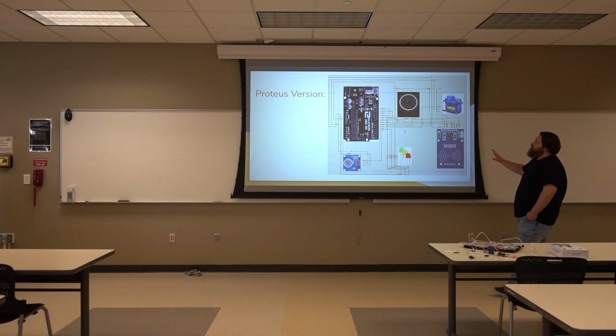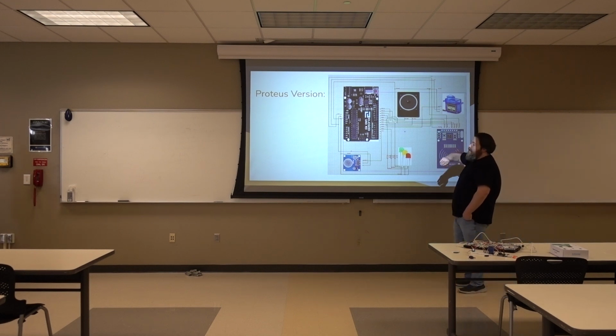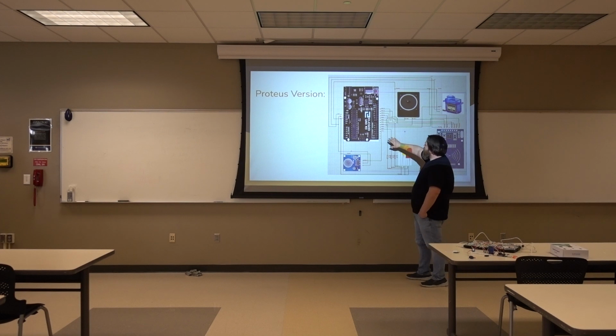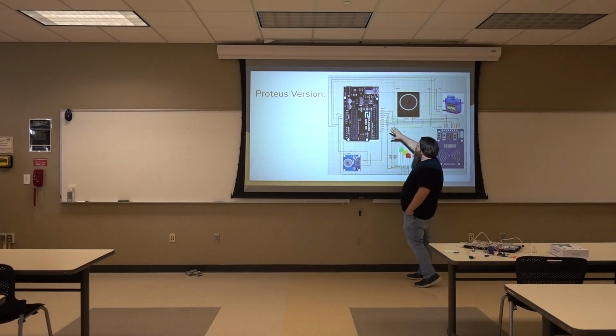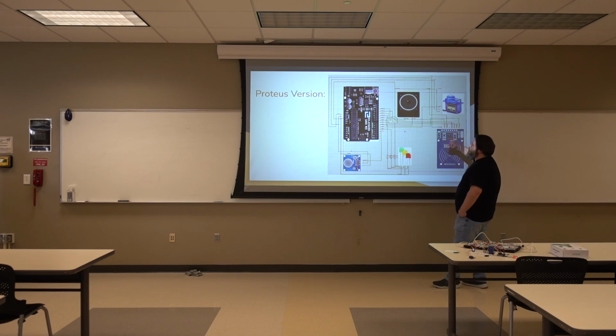What we did here with the Proteus mock-up version is we overlaid the actual images of the units, and we drew lines from terminal points to each connection, so you have a clear representation of exactly where everything hooks up on the breadboard.